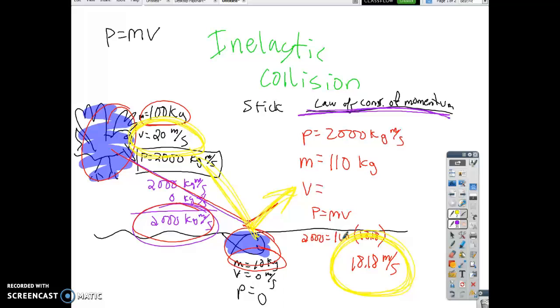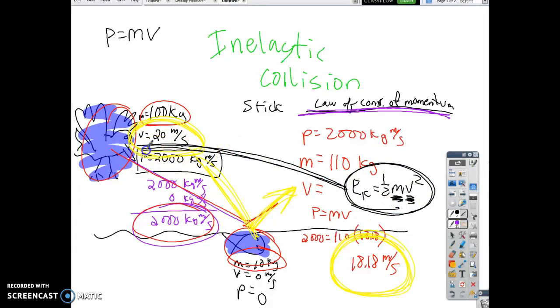Now, in addition to that, you could use this notion of kinetic energy. And if you remember, I'm going to write that right here. Kinetic energy equals 1/2 mv squared. And since we know the masses of these things and the velocities of these things, we can determine the kinetic energy of the bird before it picks up the fish, and we can determine the kinetic energy of the bird and the fish after he's picked them up.